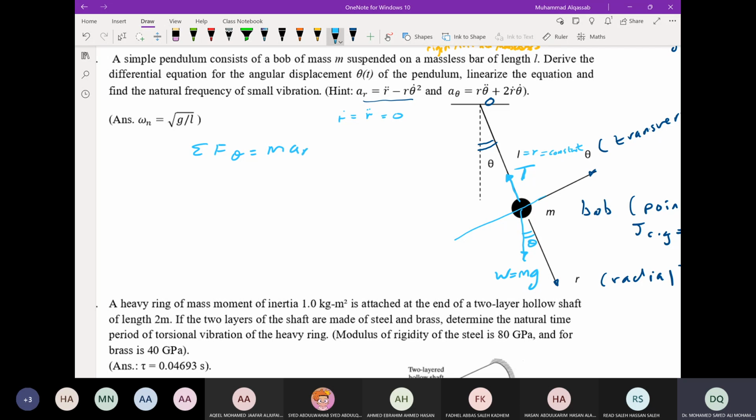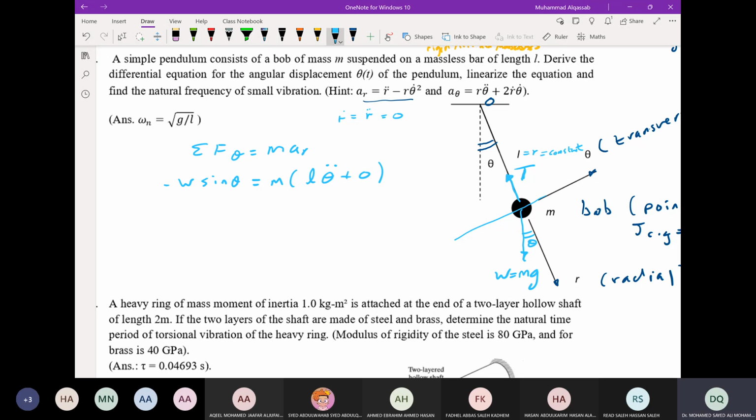So sum of forces: minus W sine theta equals M times A theta, and A theta is R theta double dot plus 2 R dot theta dot, which is L theta double dot plus 0, because R dot is 0.